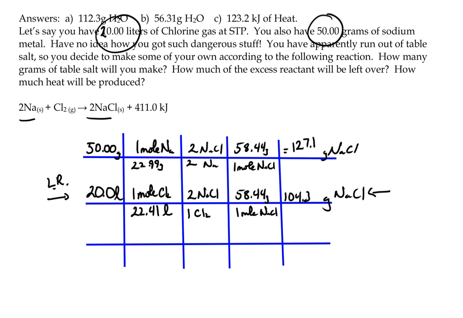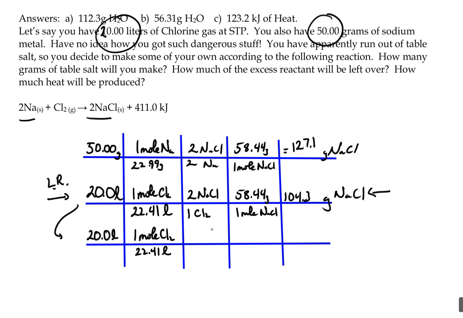Now from that, you do the last step, which is, hey, how much energy you produced? You always use the limiting reactant. Start again. So you have 1 mole of Cl2, 22.41 liters.